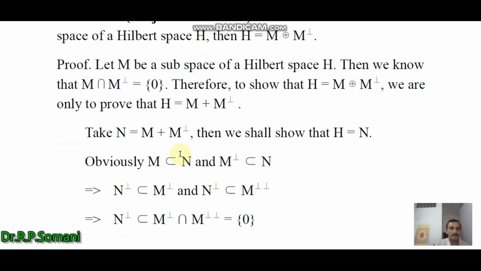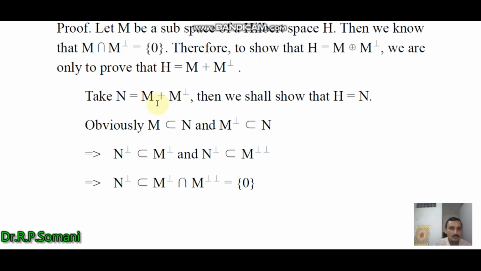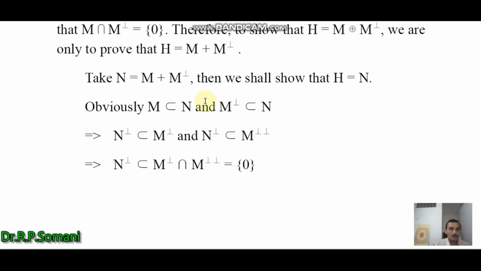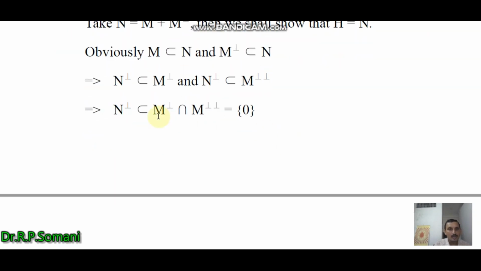Now we take N equal to M plus M orthogonal, then we shall show that H equal to N. Now obviously M is a subset of N and M orthogonal is also a subset of N. Therefore, taking orthogonal, we obtain N orthogonal is a subset of M orthogonal and N orthogonal is a subset of M double orthogonal. Therefore, N orthogonal is a subset of M orthogonal intersection M double orthogonal, which is the 0 set.